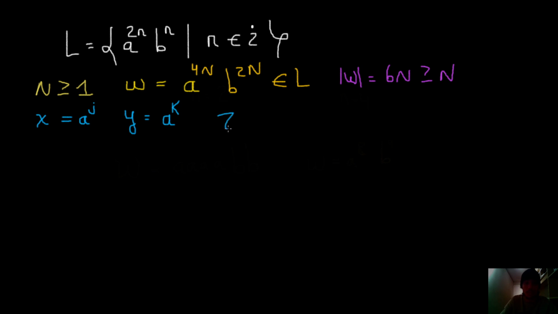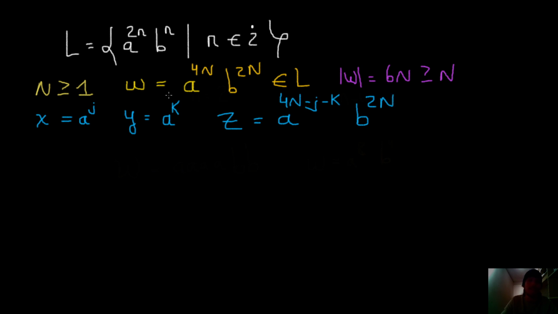So what needs to be the value of z? Well, z needs to be precisely a raised to 4n, that we start with, minus j minus k, that we are adding with the x and the y, concatenated with b to the power of 2 times n in uppercase.